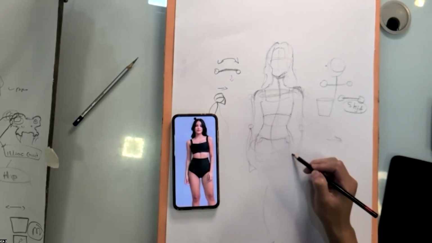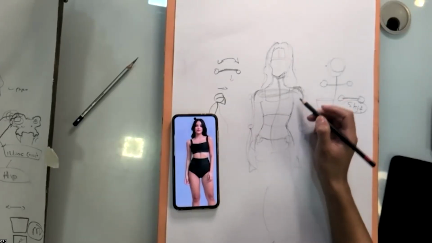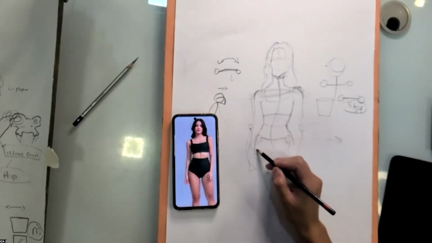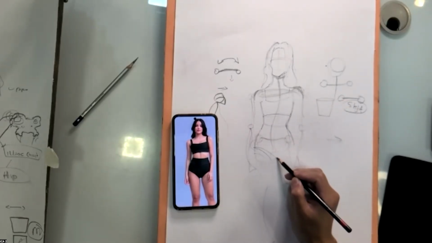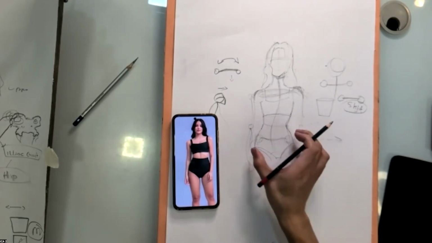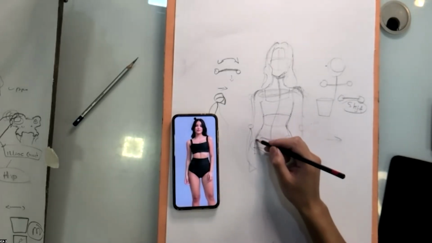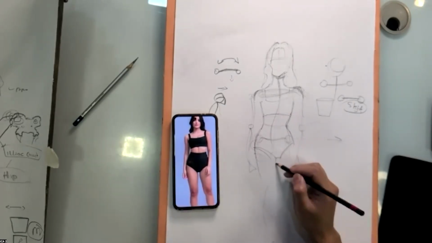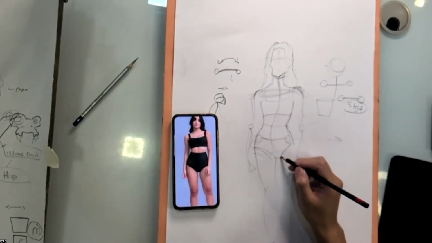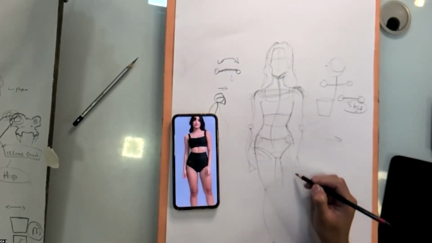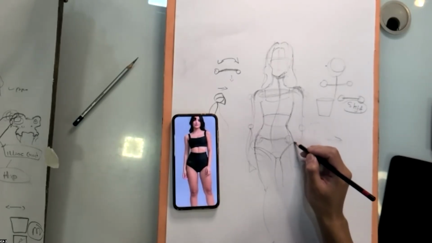And see, the hip bone over here, which is the axis, is thicker. And then moving on, do the lower part.